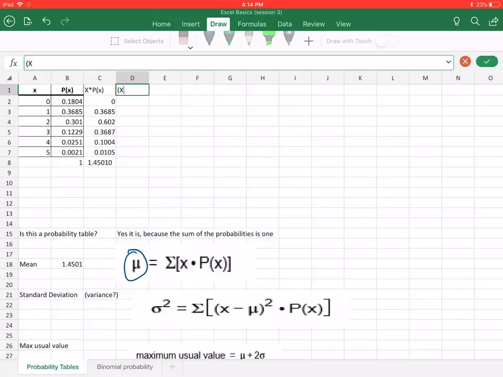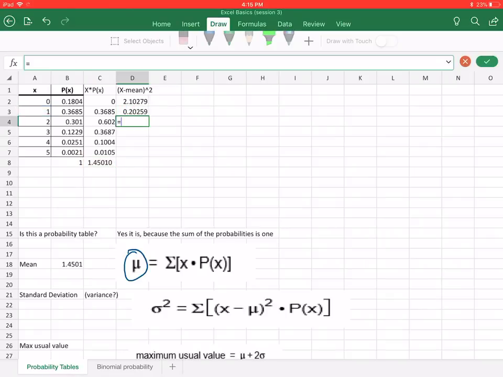So x minus the mean squared. We're going to do equals x, and I'm going to put these in parentheses. So x minus the mean, and I have the mean in this box right here, squared. You're going to do parentheses x minus the mean, keep it in parentheses, squared.